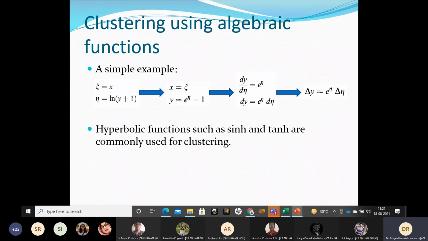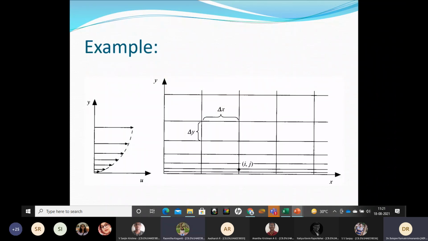So these two functions are commonly used for clustering, just like the function you saw above. This is how it will look. You multiply by a scale factor or something, and you get the first delta y is e, second is e squared, third is e cube, e power 4.